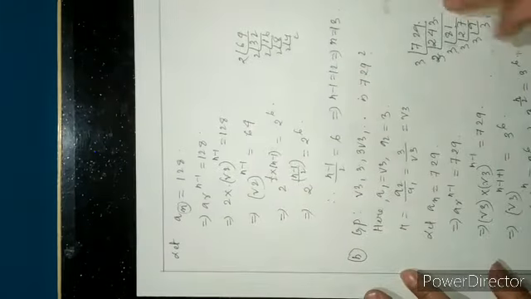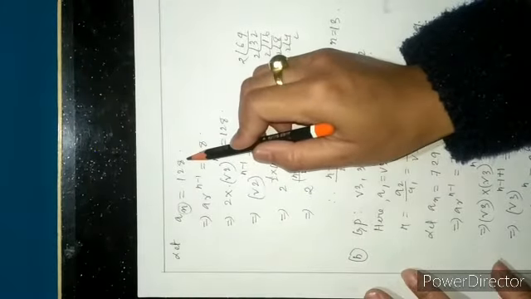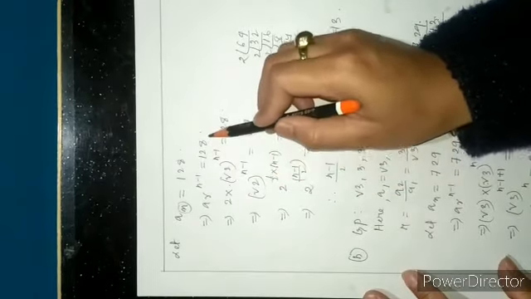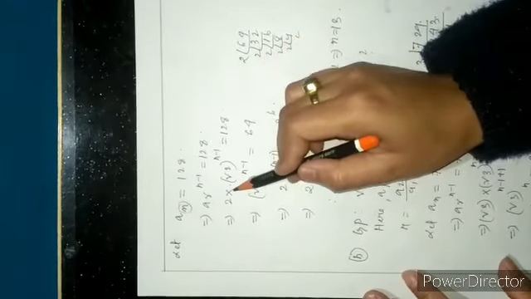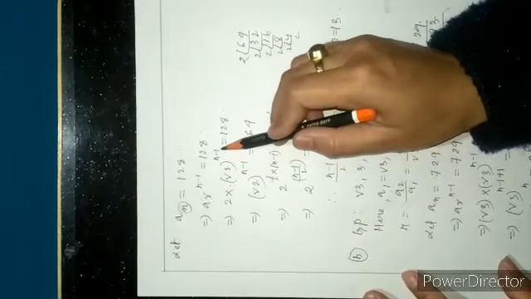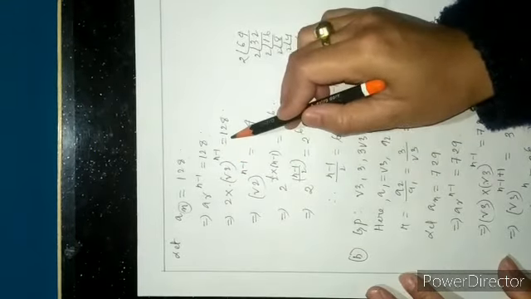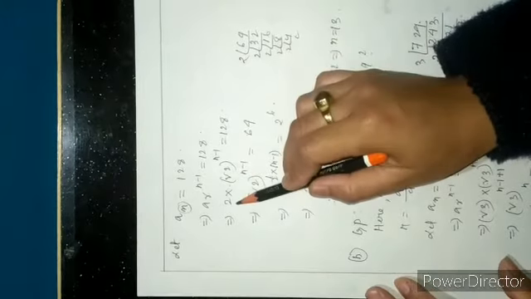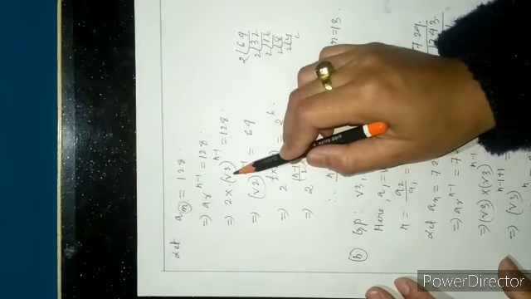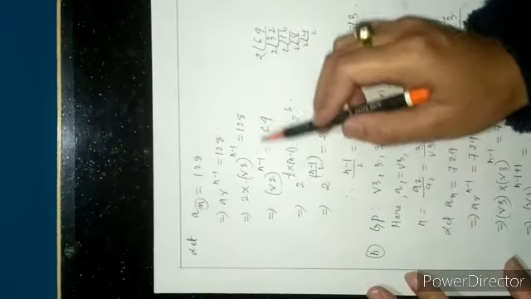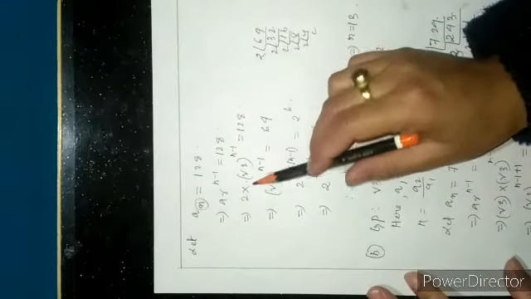An is equal to 128, so A R to the power n minus 1 is equal to 128. A is 2, multiplied by root 2 to the power n minus 1, is equal to 128. Here A is 2 and the common ratio R is root 2, so root 2 to the power n minus 1 is 128 divided by 2.